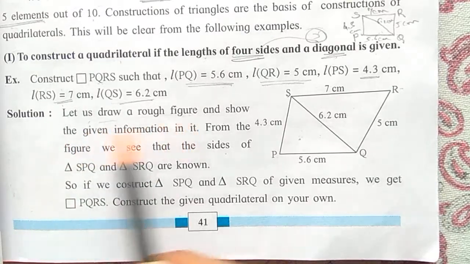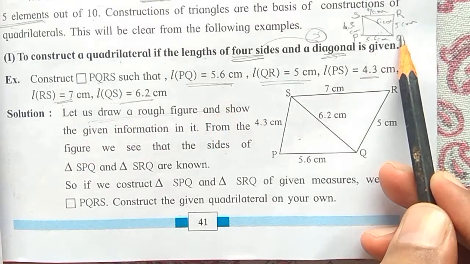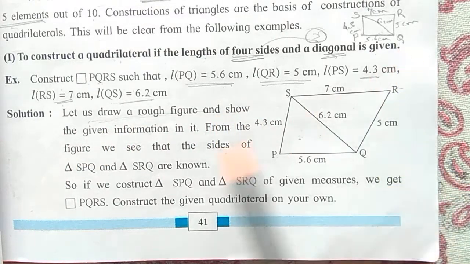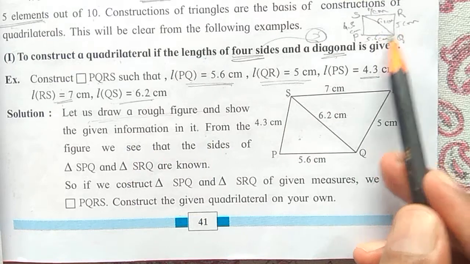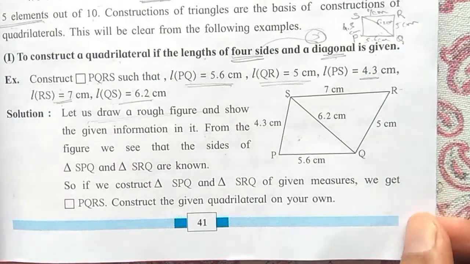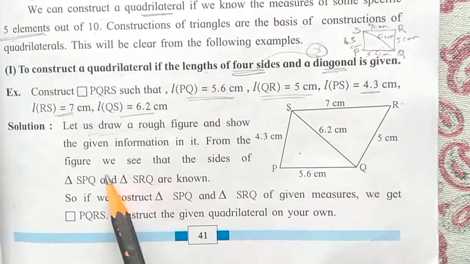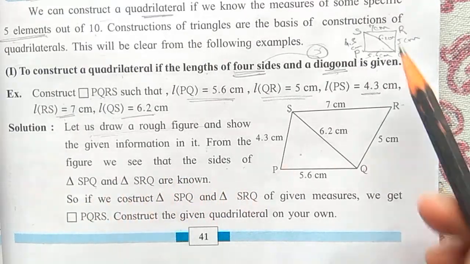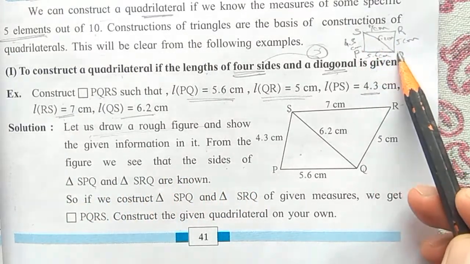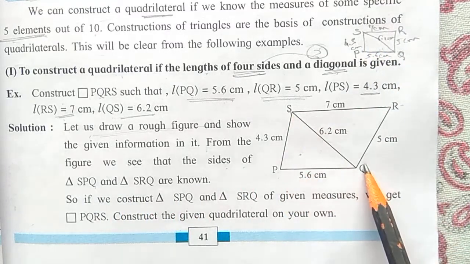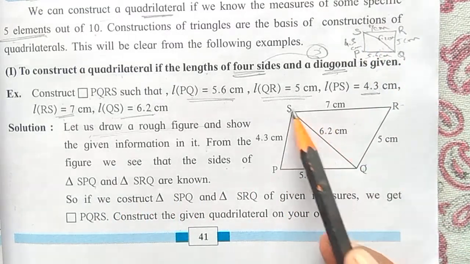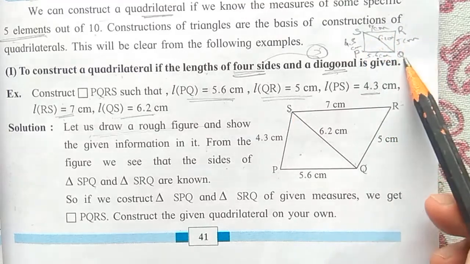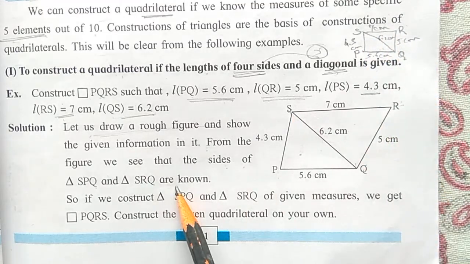Now let us draw a rough diagram, rough figure already which we have done here. Right, and show the information in it. This total information we have shown in it. Okay, from the figure we see that the sides of triangle SPQ and triangle SRQ are known.